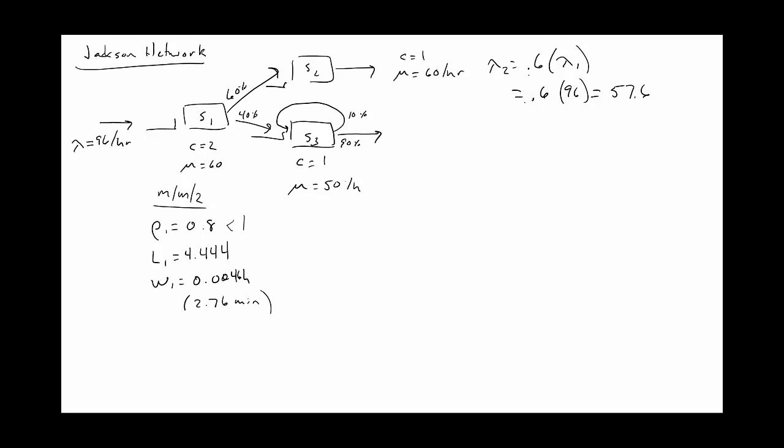And so if we then analyze this system independently, we can assume that we now have an MM1 queuing system with lambda equal to 57.6, mu equal to 60, and c equal to 1.